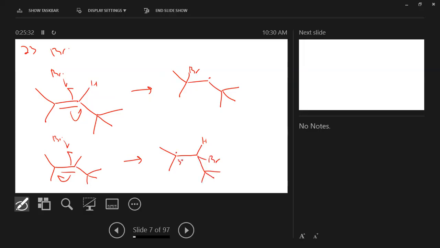This would be tertiary. This would be a secondary alkyl radical. So then there'd be some hydrogen radicals out there. You just combine them. So these will be your products.